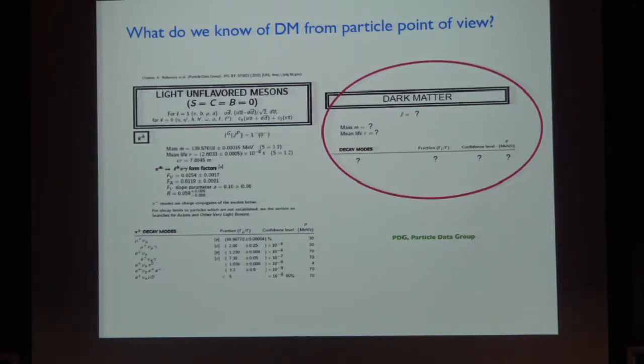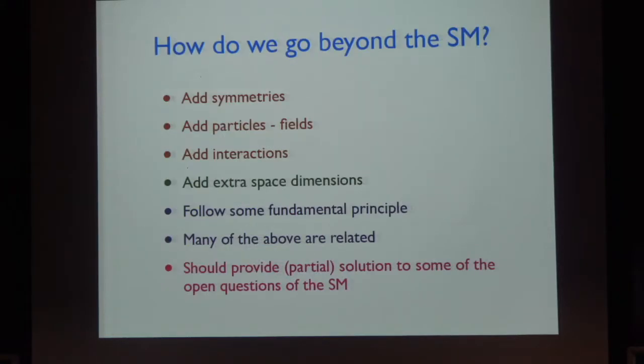Let's see why. When we go beyond the Standard Model, as surprises, things come up that could be candidates for dark matter. So let's say, first, how do we go beyond the Standard Model? We have a problem: it's an effective theory at low or lowish energies. So what we have been doing is adding symmetries, particles, which means fields, or interactions. Usually these three are related.